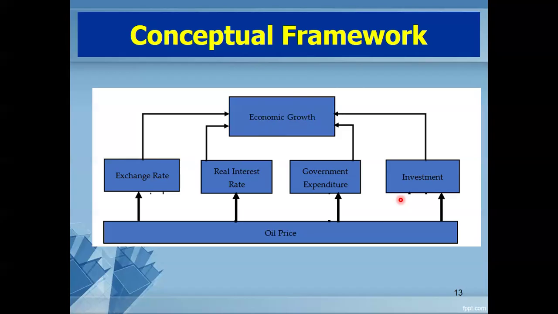You can add and drop some variables and revise the existing framework. Or thirdly, you can create your own framework. If there is no proper framework available in the literature, then you have to create your own framework, right? So you can use these three options to create a conceptual framework, because this framework is very important in this empirical research, right?